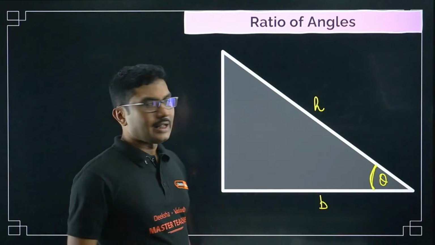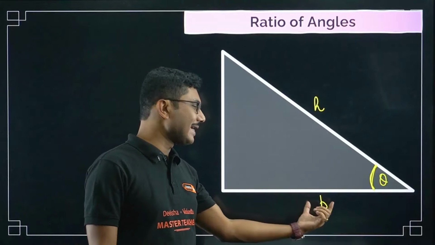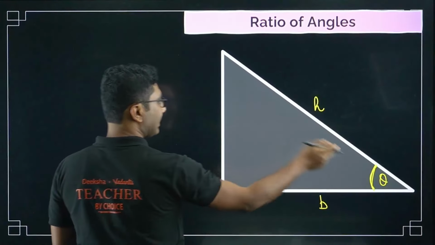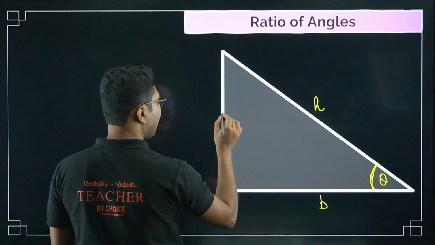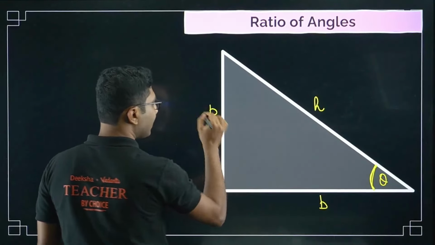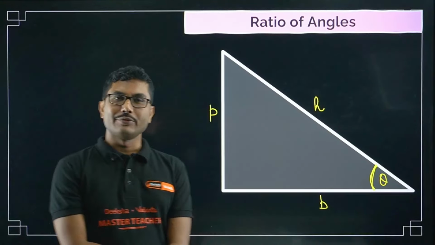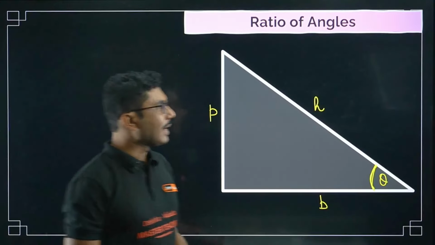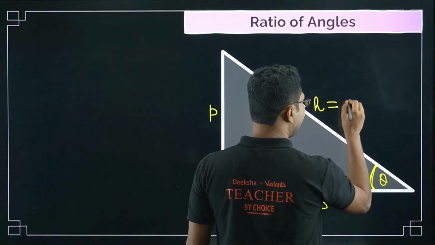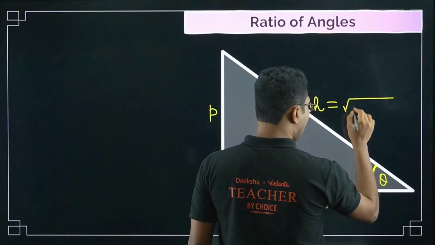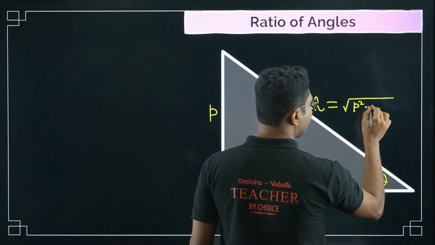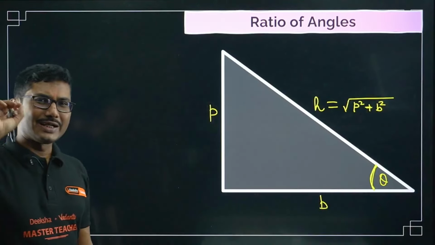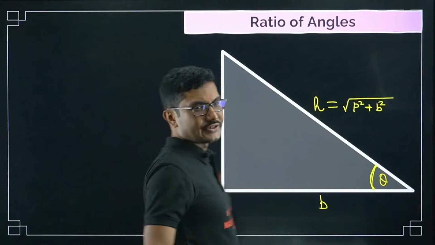You said A and B. The only difference is that this side is B, and the side which is opposite to that angle, we call that perpendicular, and we denote it with P, not A but P. And Pythagoras theorem is valid here as well. H is equal to square root of P square plus B square. So we are just changing the name for this side, nothing else.